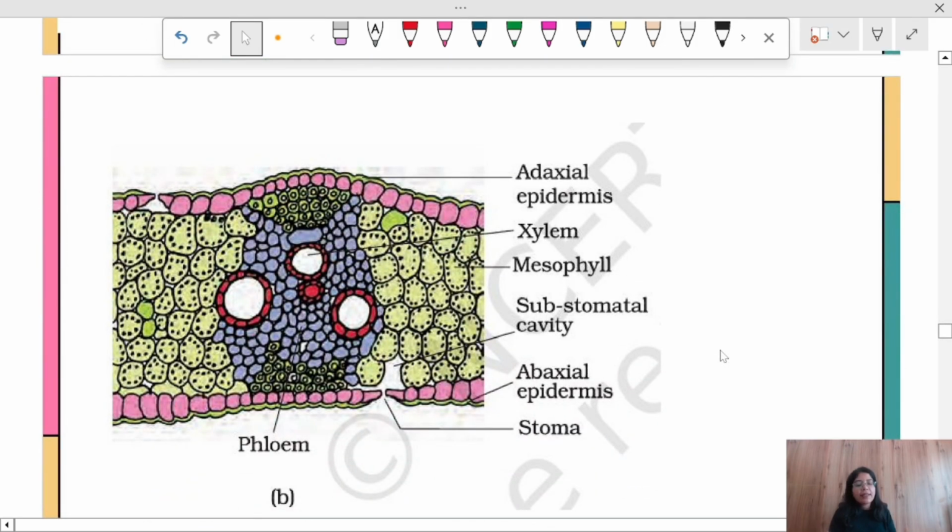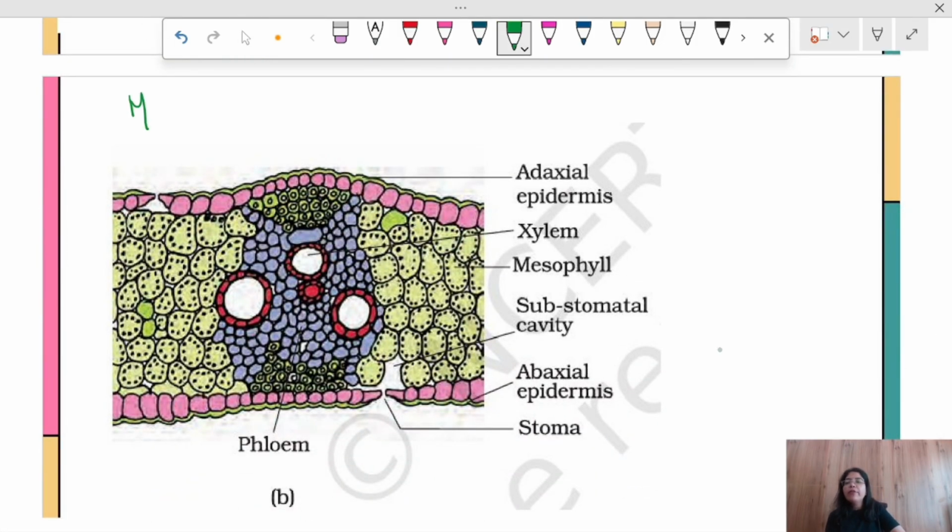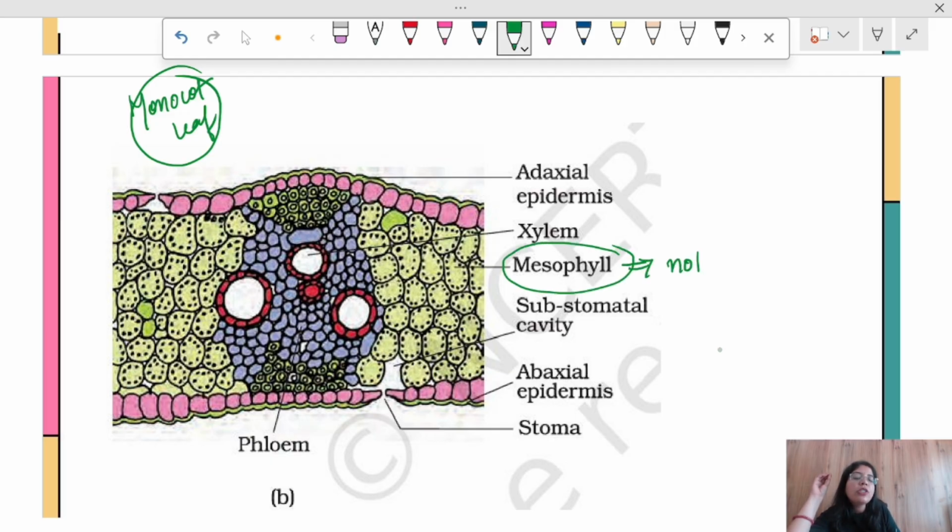Now just look at this. This is a monocot leaf. In this monocot leaf, you can see there is no differentiation of the mesophyll tissue. What is the reason? The reason is that from all sides, it receives an equal amount of sunlight, so there is no need of any differentiation.